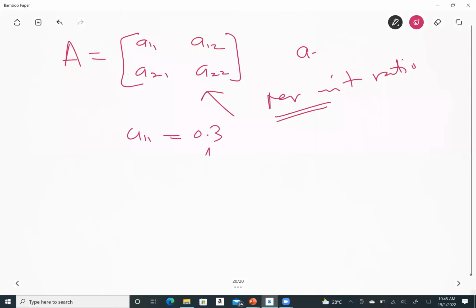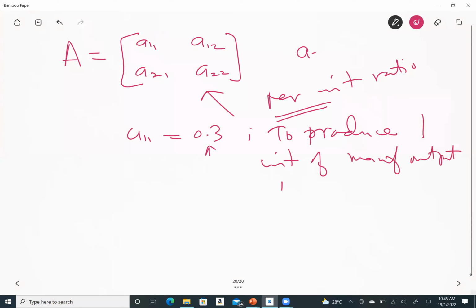What does it mean? It means that to produce 1 unit of manufacturing output, we need 0.3 units of manufacturing output.